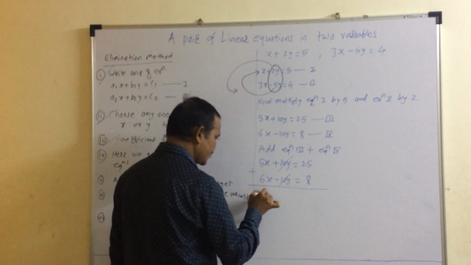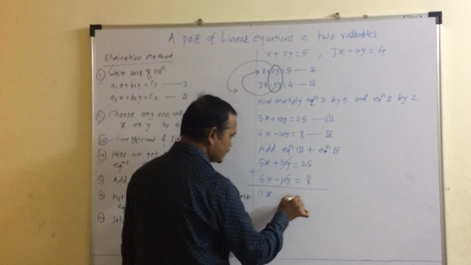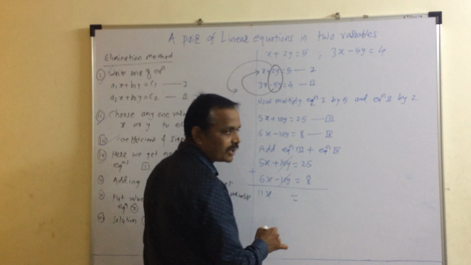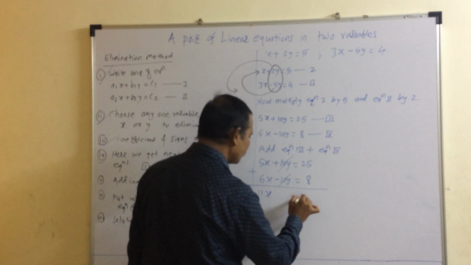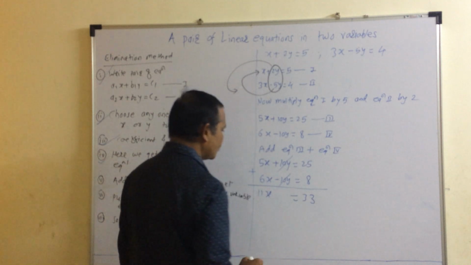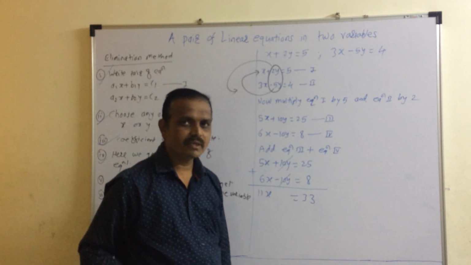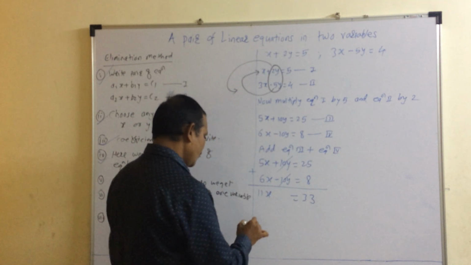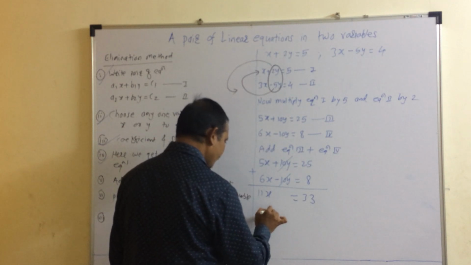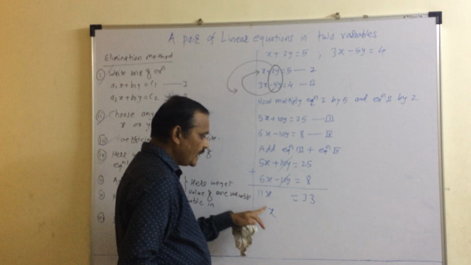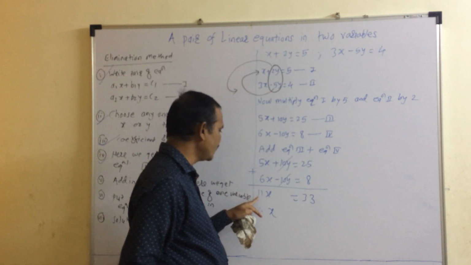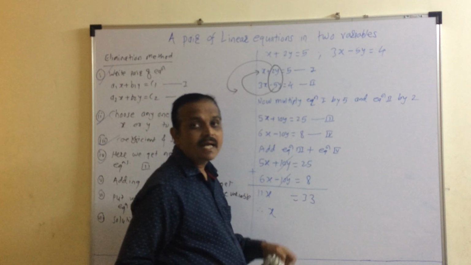That means we get here the next step, 11x is equal to 25 plus 8 is equal to 33. Now this is a one variable equation. Therefore we find the value of x. Here we have 11 times x.